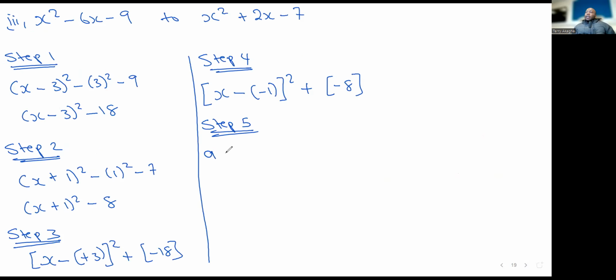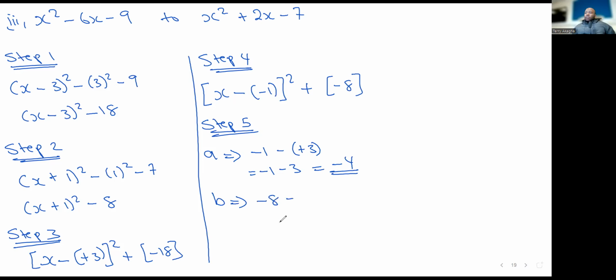To get the A, which is the x coordinates, it's going to be the answer from here, which is minus 1, minus the answer we have here, plus 3. Are you seeing it? And that will give us minus 1 minus 3, and the answer will be minus 4.